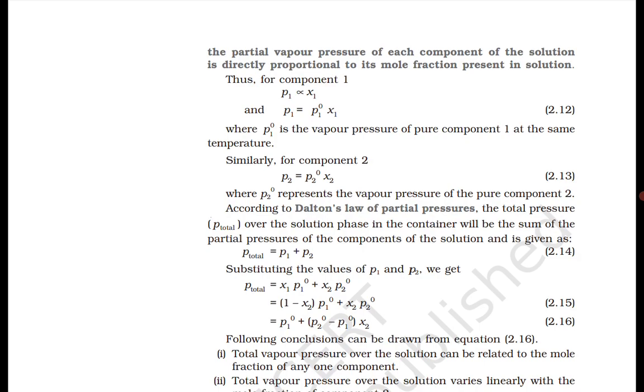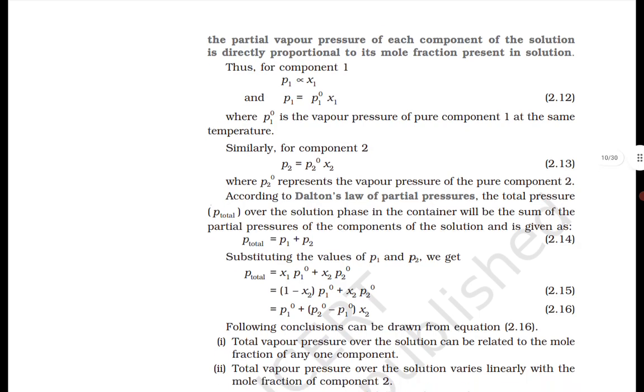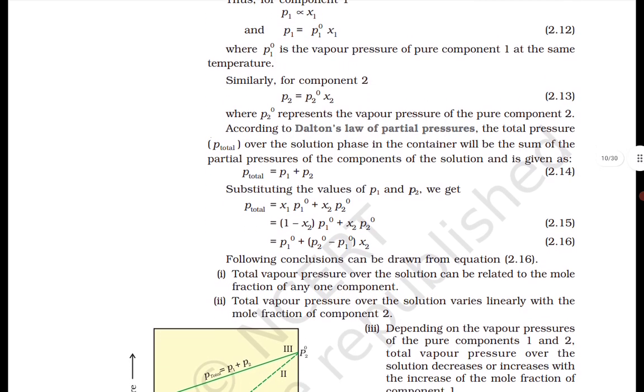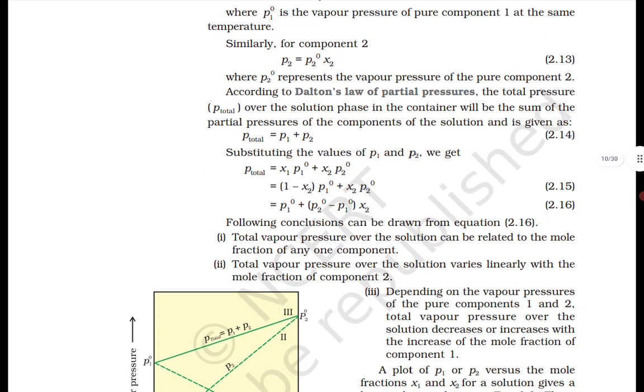Similarly, for component 2, P2 equals P2 naught x2, where P2 naught represents the vapor pressure of the pure component 2. P total over the solution phase in the container will be the sum of the partial pressures of the components of the solution and is given as P total equals P1 plus P2.